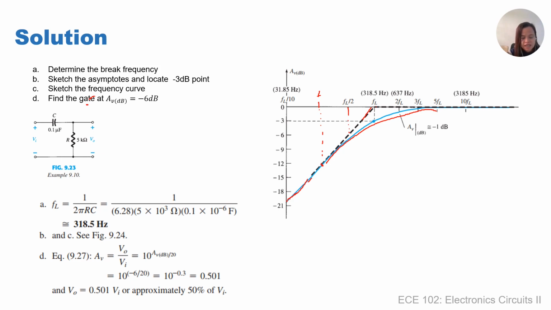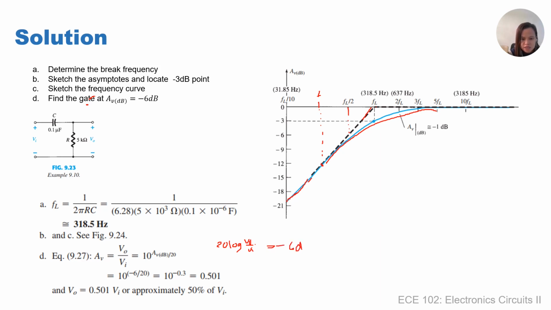The gain is equal to V out over V in, and by formula the gain is equal to 20 log of V out over V in, which is now negative 6 dB.